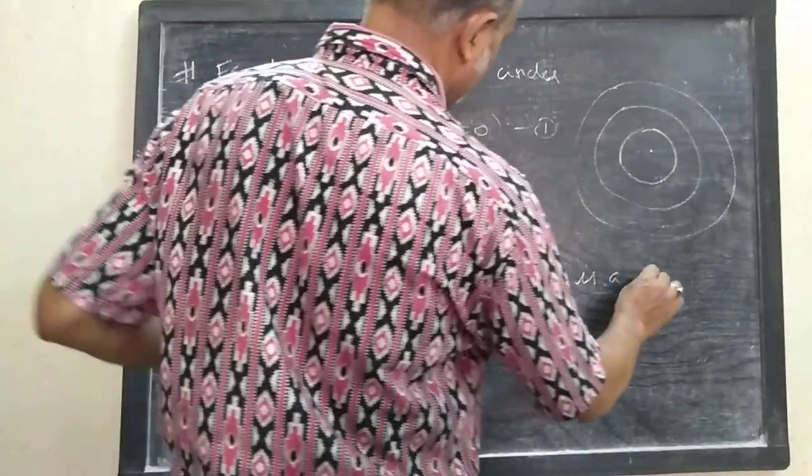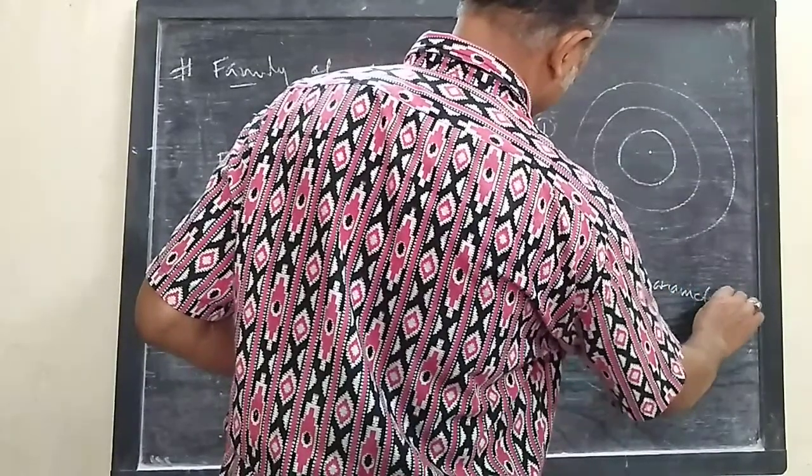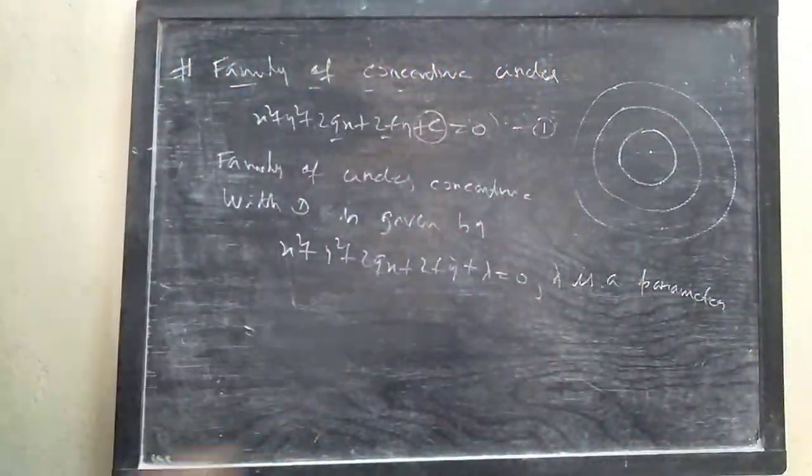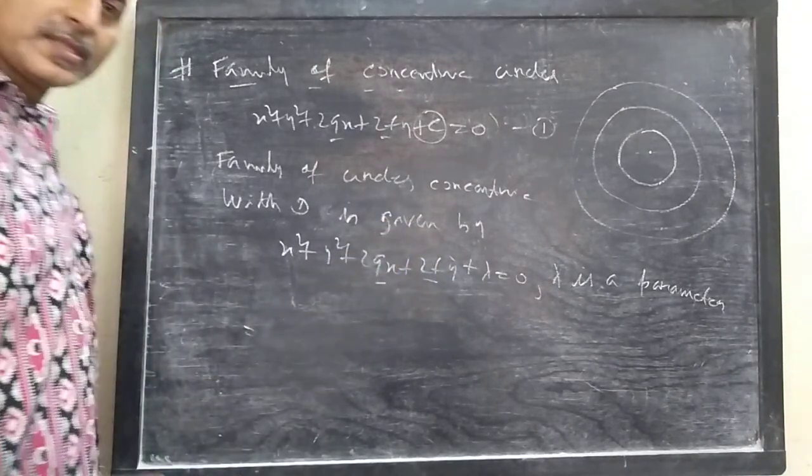Lambda is a parameter. For different values of lambda, we get different members of the family. But g, f remain fixed because the center must be fixed.